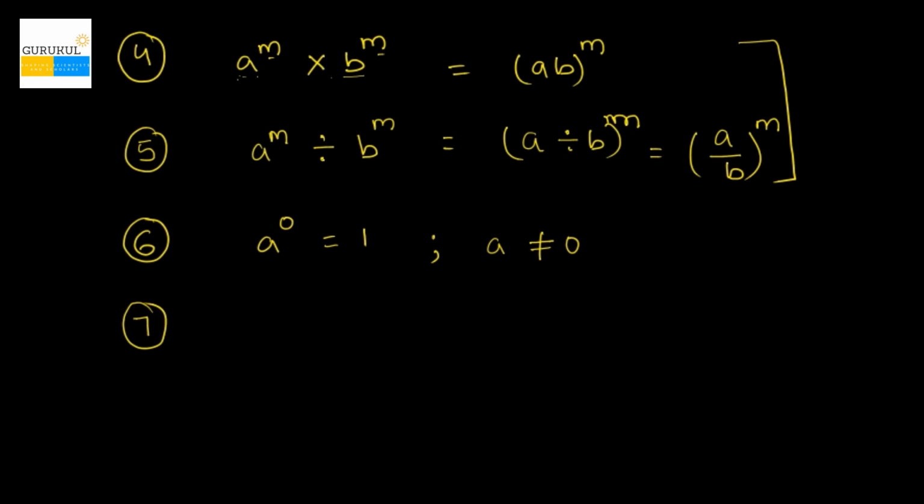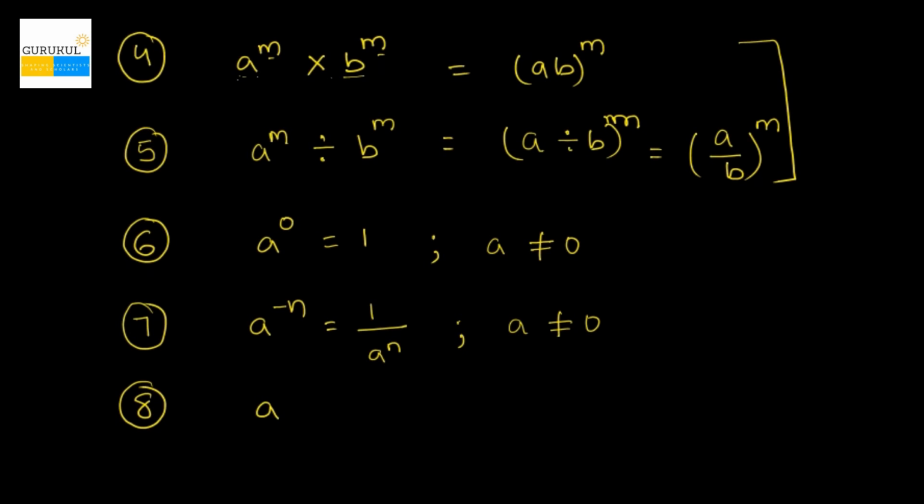Let's look at the next law. If I say a raised to the power minus n, this will be equal to 1 by a raised to the power n. Here also a should not be equal to 0.